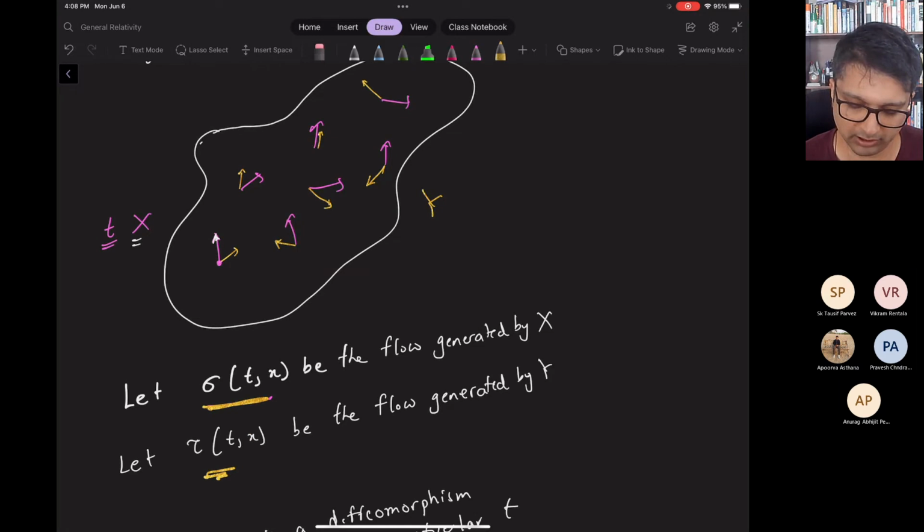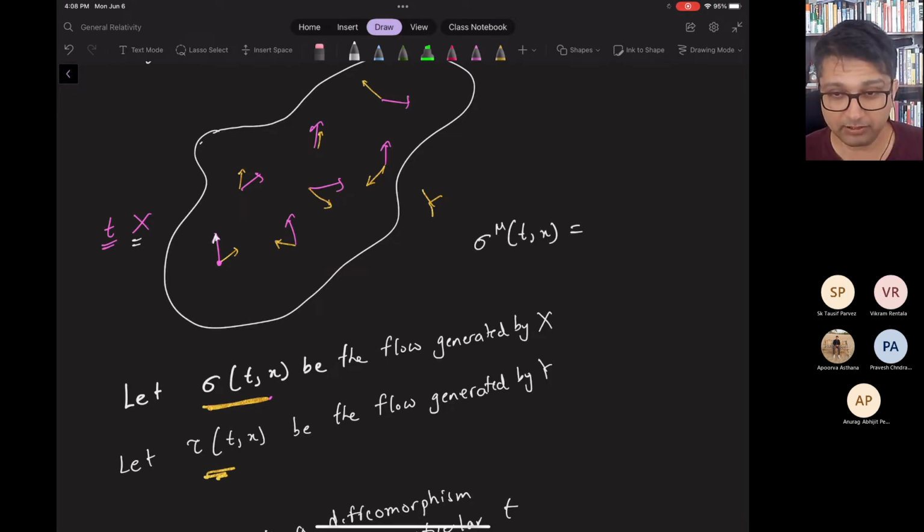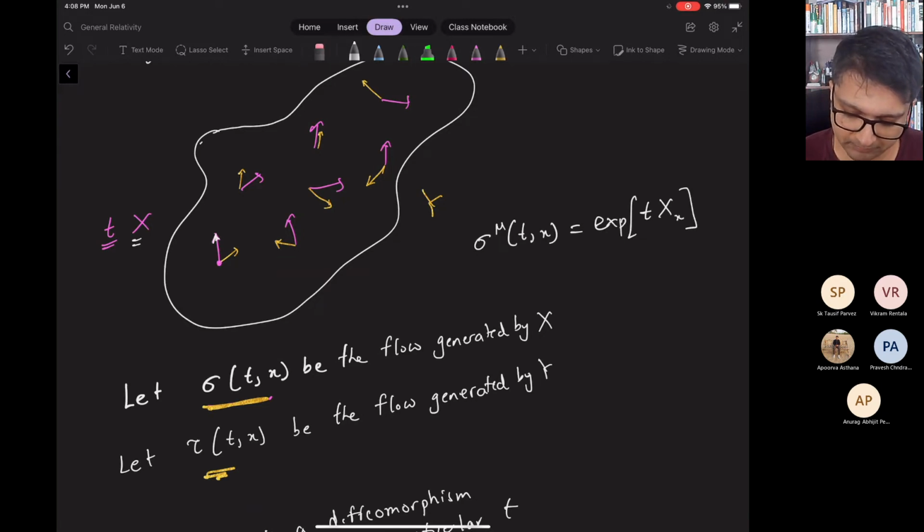We've seen in coordinates that if I want the coordinate sigma^mu_t(x), this can be found by just exponentiating. So you get this operator exponential of tX, where X is the field evaluated at the point x, acting on x^mu, or equivalently acting on sigma^mu at the point where t is equal to 0.